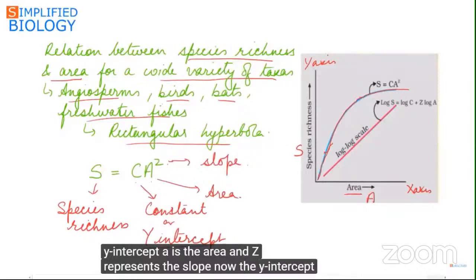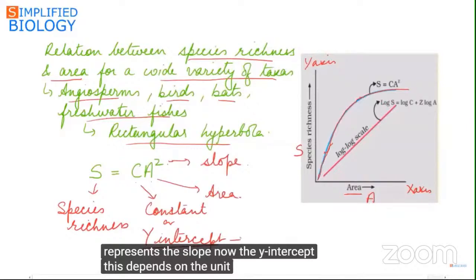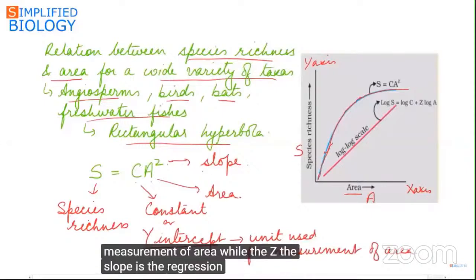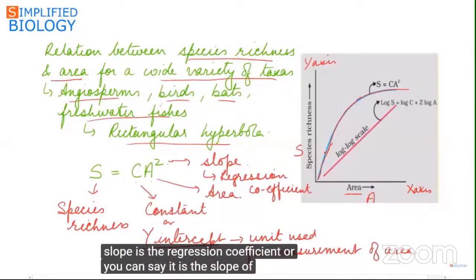Now the y-intercept depends on the unit used for the measurement of area, while the Z, the slope, is the regression coefficient, or you can say it is the slope of species area relationship.